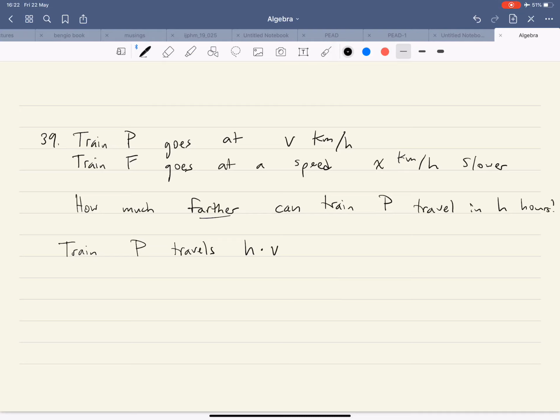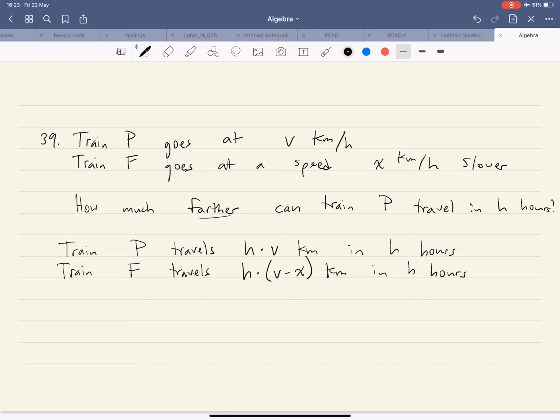Train P travels hv kilometers in h hours. Train F travels h times (v minus x) kilometers in h hours, right?